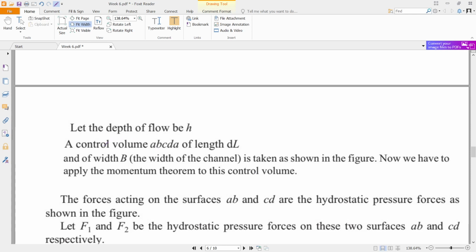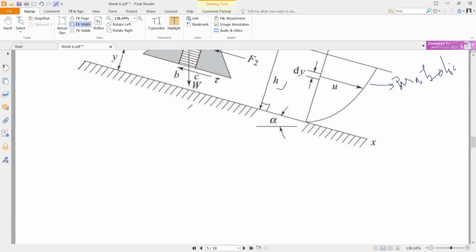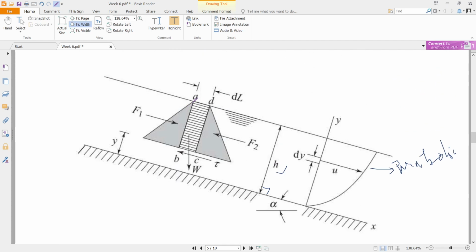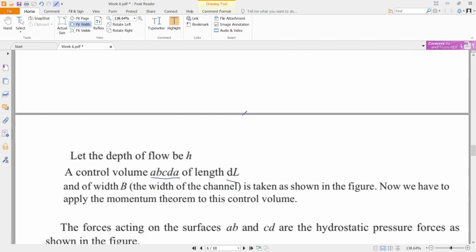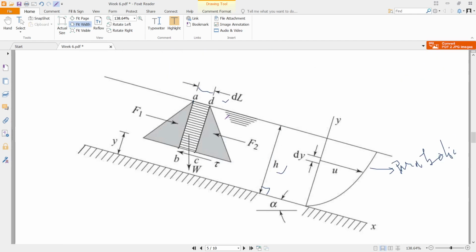Okay, you have to select a control volume whose length is dl and the control volume is marked by a b c d a. So which one is the control volume? It is this a b c d a. So this is the control volume whose length, so this length is dl. Okay, and the width of this control volume is b.